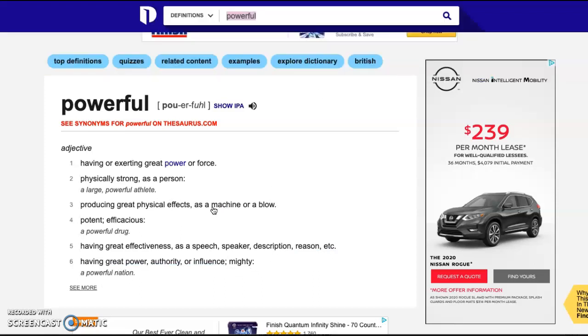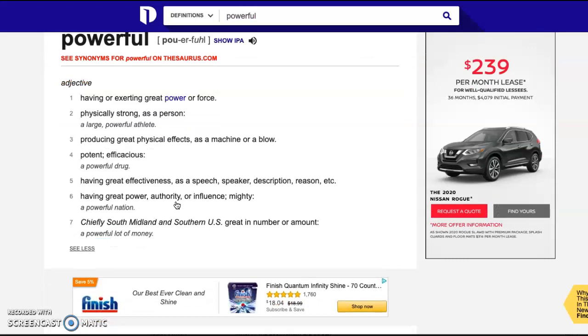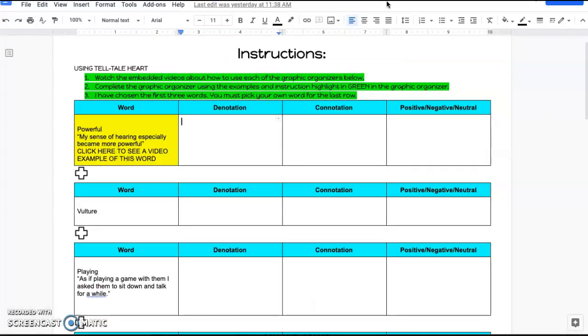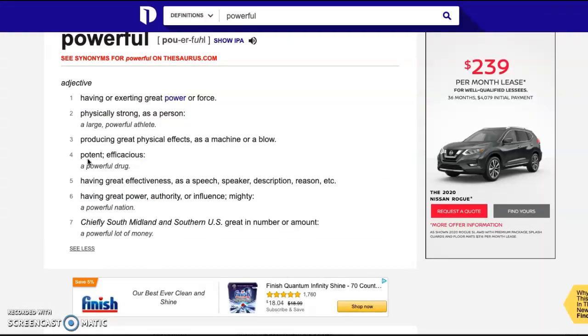So before I pick one, you see I have a whole bunch of different definitions. I need to know which one works best in this scenario. My sense of hearing became more powerful. So he's talking about his hearing. I would probably imagine that it's physically stronger, or producing a great physical effect, having or exerting great power.